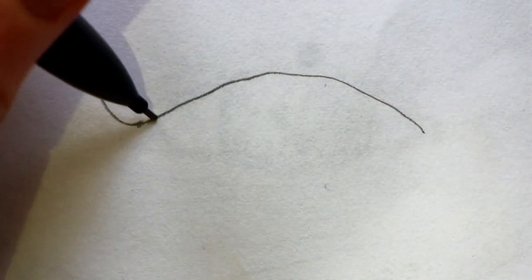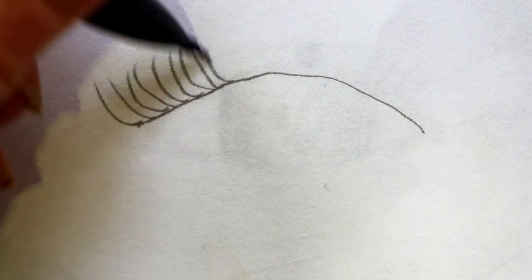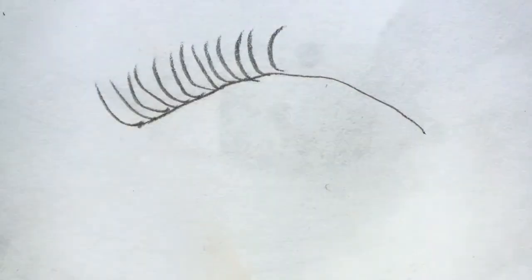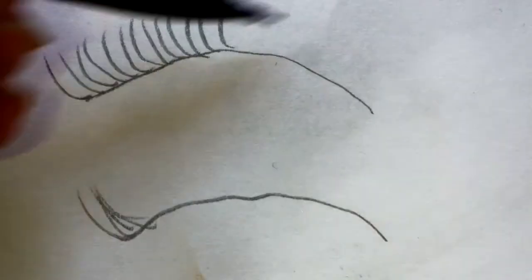A couple things you do not want to do. You don't want to go like this. Here is the curve. Here is the line. I'm going to do the same thing right beside each other over it. That looks so fake. What you want to do is go like this. Unless they're professionally done or they're photoshopped, eyelashes just don't go like this.